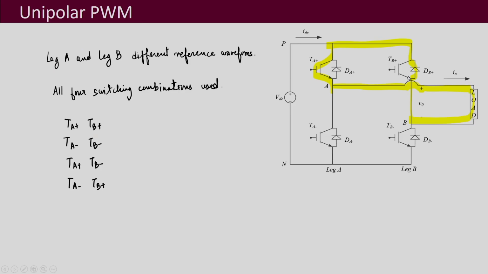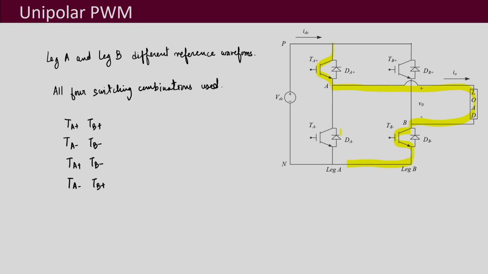With TA plus and TB minus on, and the current positive, it flows like this.